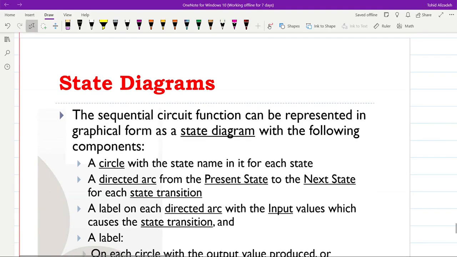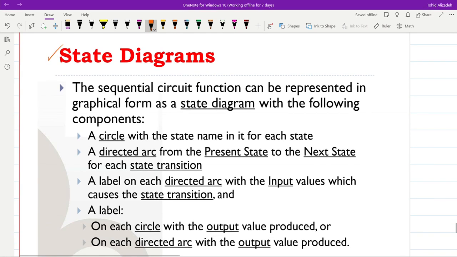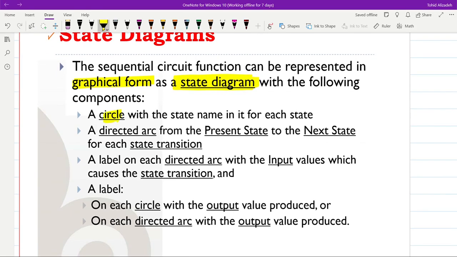Alright, so next thing regarding the sequential circuit analysis is the state diagram. The sequential circuit function can be represented in a graphical form as a state diagram, which has the following components. We have a circle that we may use to represent a given state.